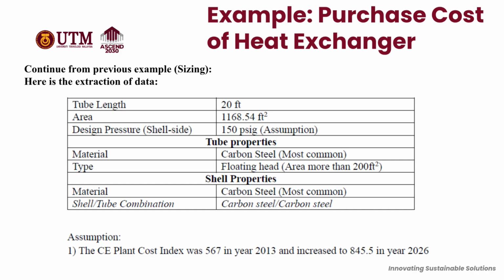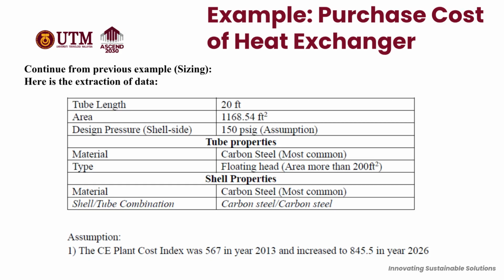Moving on is the example for the process cost of heat exchanger. So we are using the question from the previous example of sizing. And here is the extraction of the data from the previous example, like the tube length and area, and we do make some assumption for the design pressure on the shell side, which is 150 psig, and the material for the tube and shell, we are using carbon steel, as it is the most common material used in the heat exchanger.